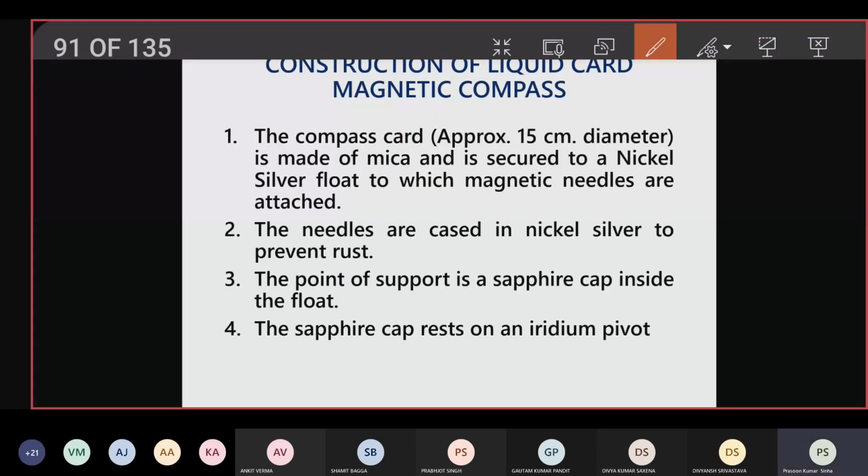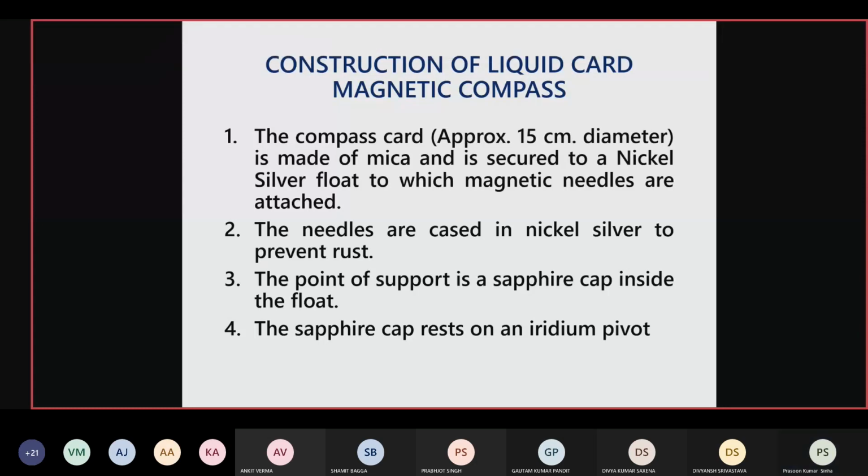Few details of the compass mentioned here: made up of mica, roughly 15 centimeters in diameter. It is secured to a nickel silver float, below which are the magnetic needles, which we just saw.